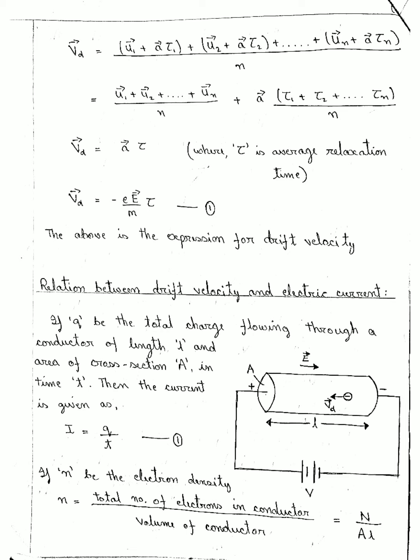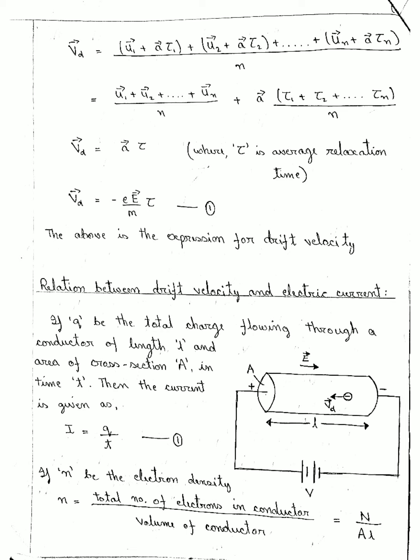Now, from your definition of electric current, we have defined electric current to be the rate of flow of charge, and here in equation 1 we have I is equal to Q by t. Q is the total charge inside the conductor, and t is the time in which the charges flow inside the conductor.